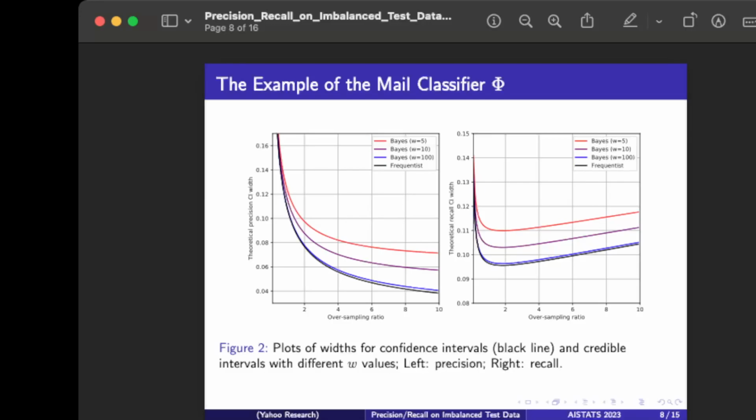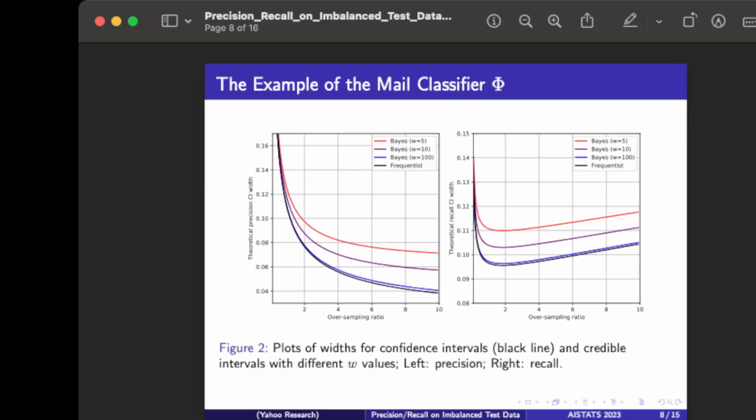The x-axis represents the oversampling ratio. The y-axis represents the confidence interval width for precision in the left figure and recall in the right figure. Here, the confidence intervals are denoted in black, and the Bayesian credible intervals with different values of W, 5, 10, 100, represent different variances.